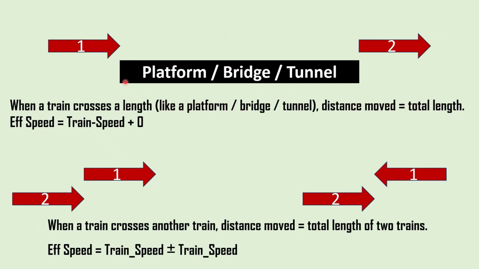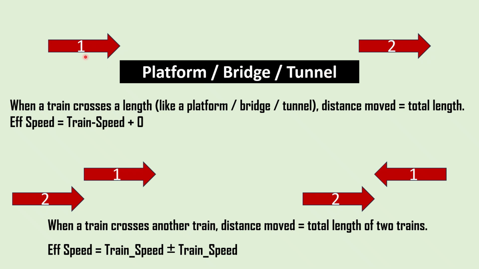Now we will consider a body crossing another body, one moving body crossing another body. Now both of them have length. For instance, a train has length, platform has length, bridge has length, tunnel has length.